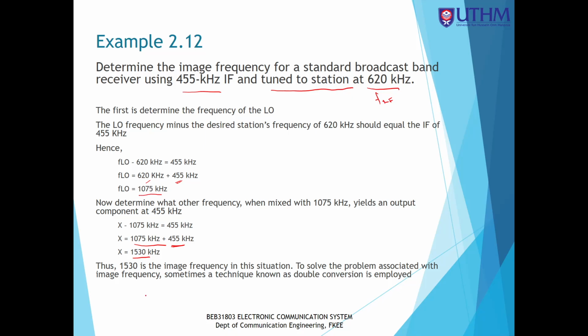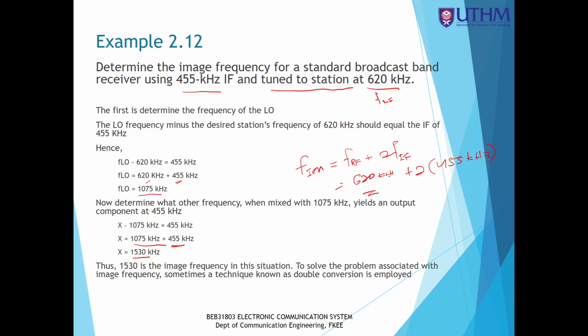So this one is a bit complicated, is it? You can actually find it using this equation: F image equal to FRF plus 2 times F intermediate frequency. So it is 620 kilohertz plus 2 times 455 kilohertz.